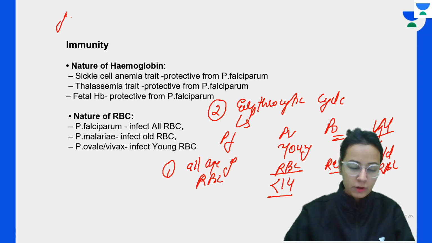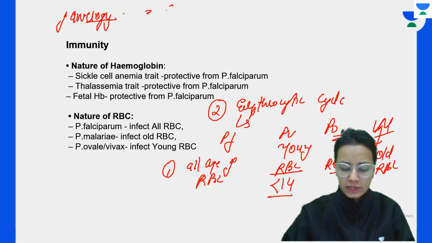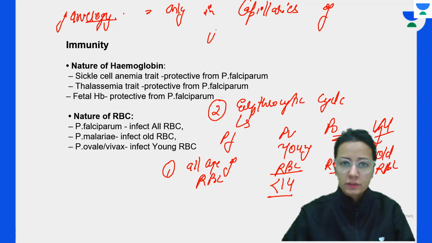Then we saw gametogony, the micro and macro gametocytes, which are seen only in the capillaries of visceral organs.